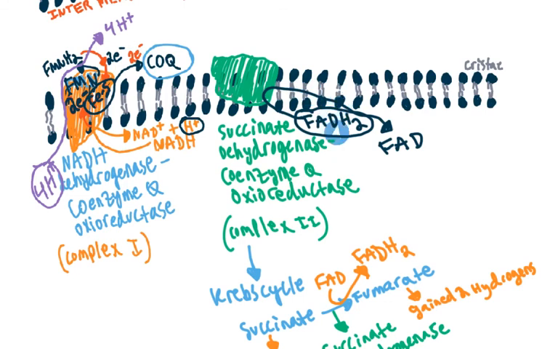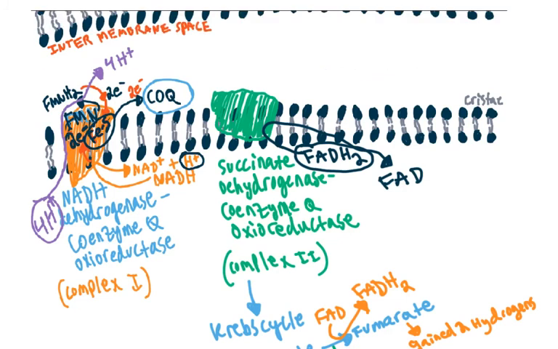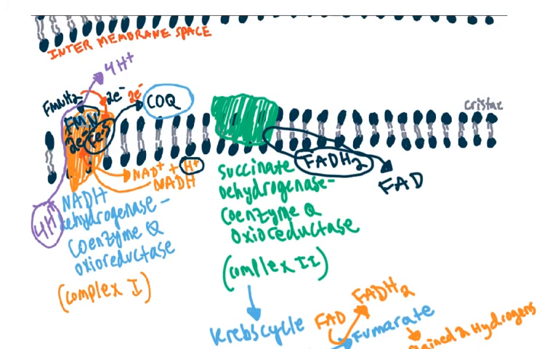FADH2 lost two hydrogens, that's why it turned into FAD. Remember, with each hydrogen we have one electron, so if we lose two hydrogens, we lose two electrons. Those two electrons go into the succinate dehydrogenase complex.